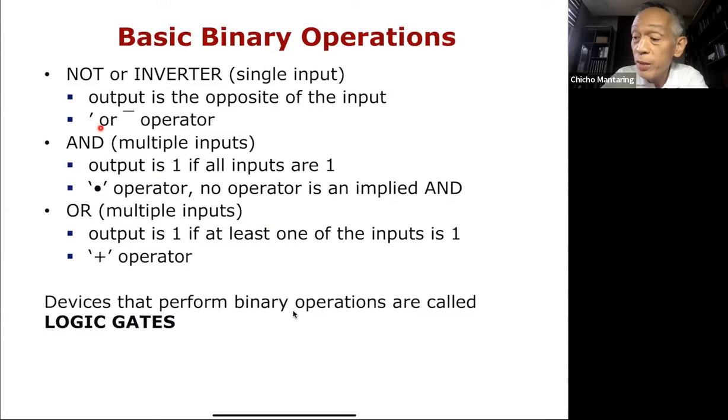We use this apostrophe sign to indicate the inverter or the NOT operation. Sometimes we also use the overscore sign. So for example, let's say A is my binary digit.